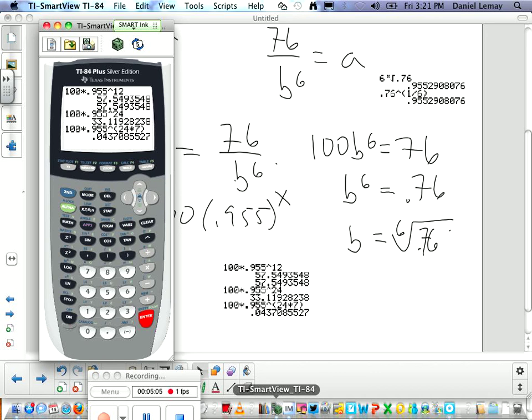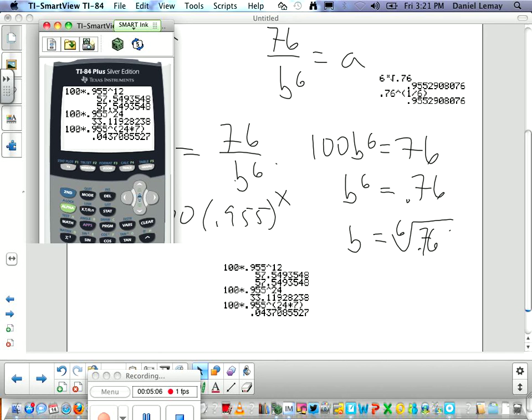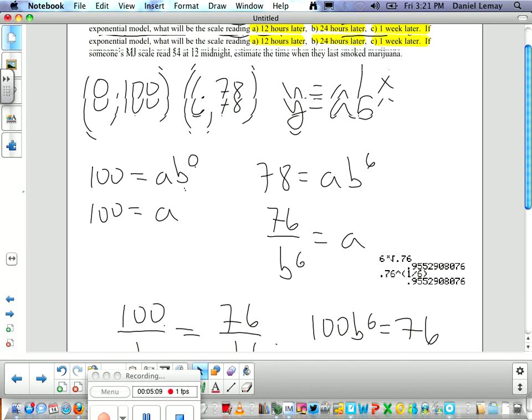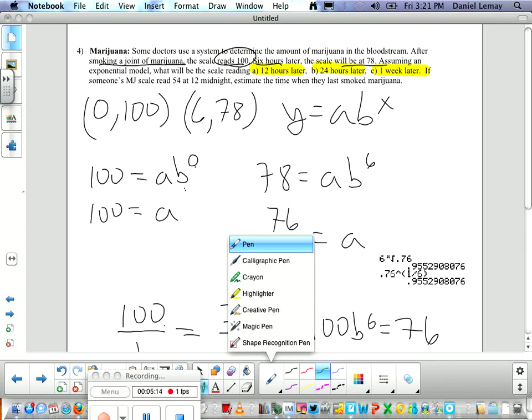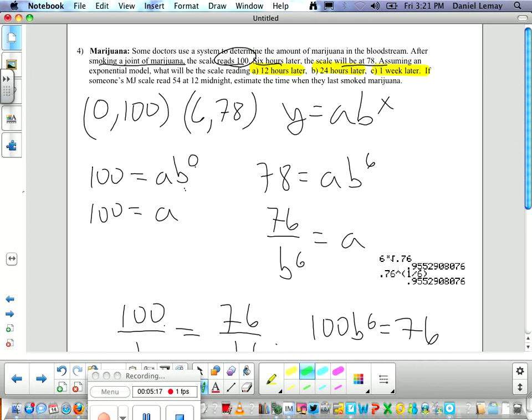And then the last part of this question is asking me to estimate the time when they last smoked marijuana, if the scale is 54.